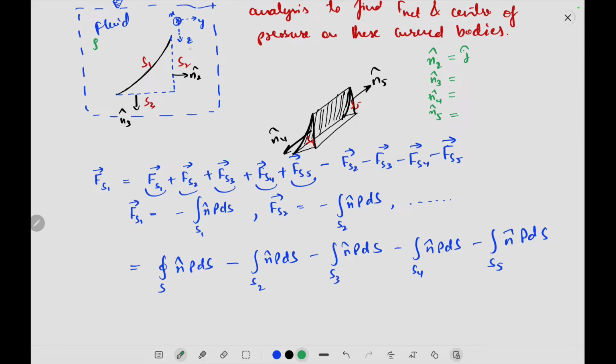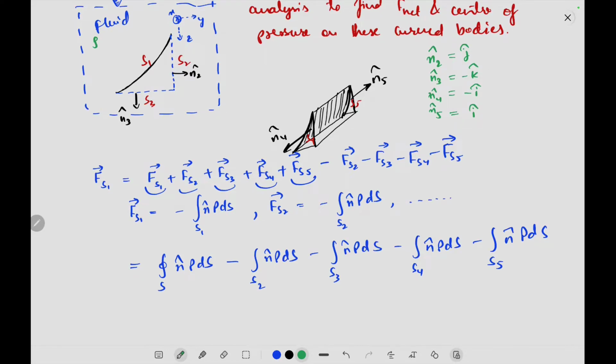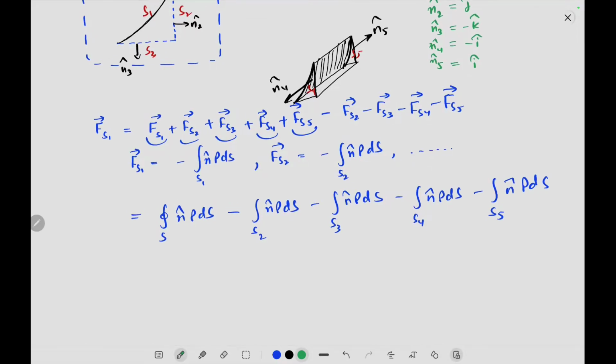N3 is pointing in negative z-axis, so this would be minus k hat. What would be n4? N4 is pointing out of the board. Okay, but x is into the board, so that's why this will be minus i hat, and n5 is i hat.